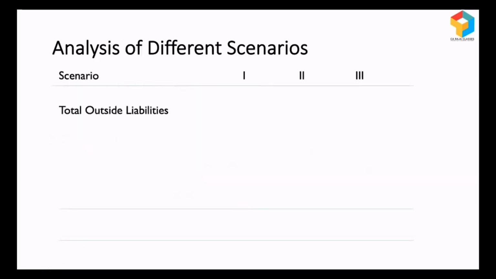Scenario 1. We have already calculated outside liabilities is 400 and owner's contribution equity is 100, and debt equity is 400 by 100, and we get it as 4, and I'm expressing it as 4:1. It means for every 1 rupee contributed by the owner, this business has borrowed 4 rupees.